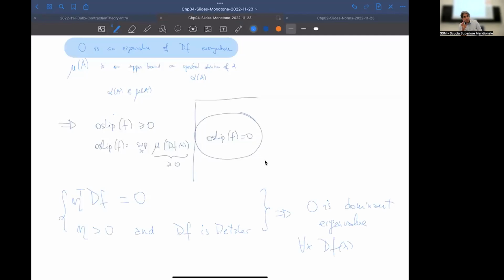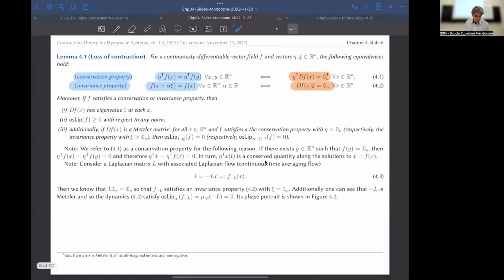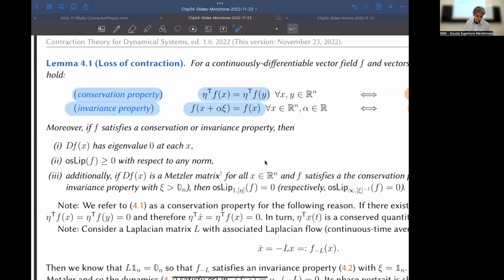Because if the Jacobian is Metzler, and if it satisfies one of these eigenvalue eigenvector equations everywhere, that means this is the dominant eigenvector, and 0 is the dominant eigenvalue. All of the other eigenvalues are strictly negative. Now, this is the proof of this entire lemma that I was showing to you earlier.